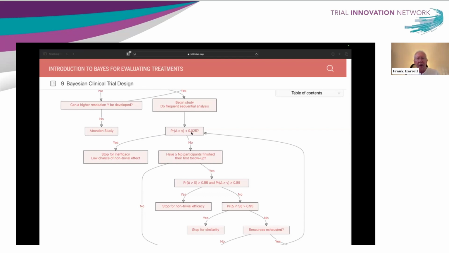But if you're doing an academic medical center trial, if you're taking infinitely many looks at the data and you want to stop the moment you have strong evidence for inefficacy, the probability of inefficacy here would be 0.975. You do want to be sort of sure, because you might be giving back grant money.